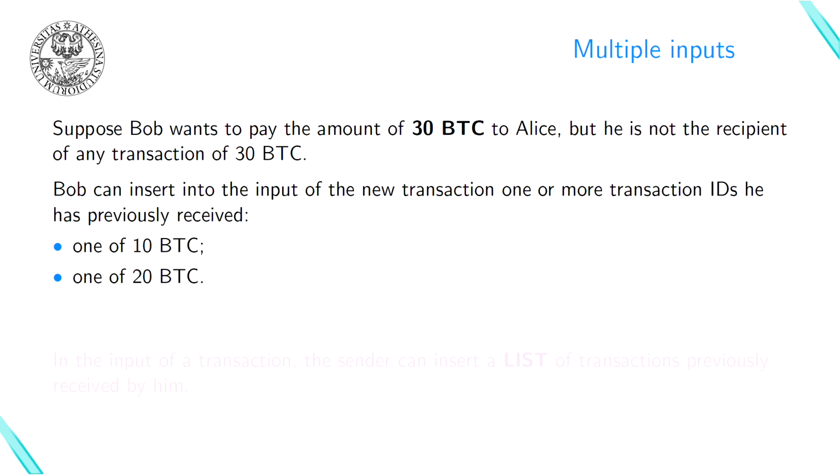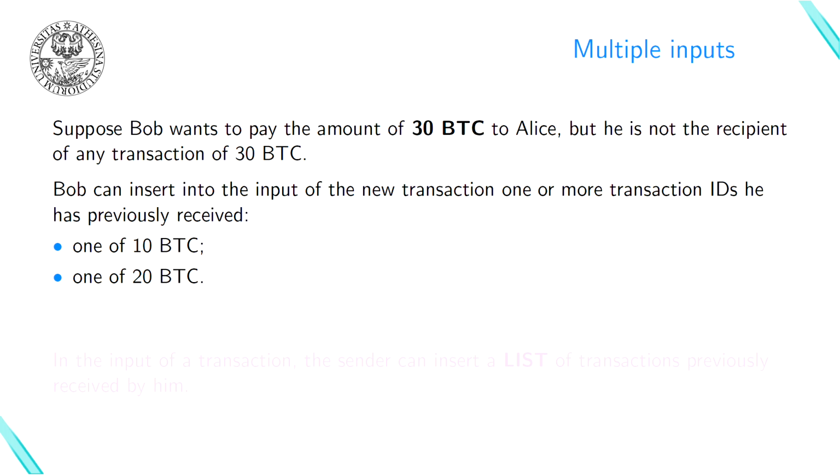It's also possible to have multiple inputs in a transaction. Let us consider an example. Suppose that Bob wants to pay the amount of 30 bitcoins to Alice, but is not the recipient of any transaction with 30 bitcoins. No problem. Bob can insert into the input of a new transaction one or more transaction IDs.